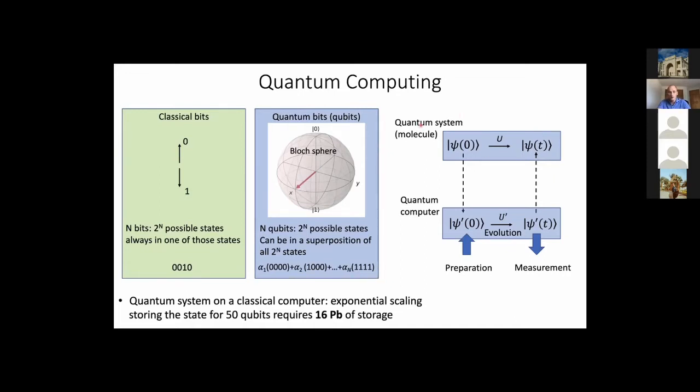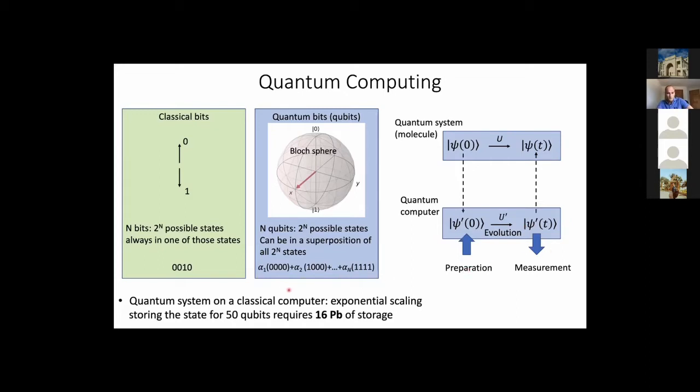So we have our molecule here that we need to simulate. We prepare the state on a quantum computer, and then using some unitary operators, we evolve this system and perform the measurements.